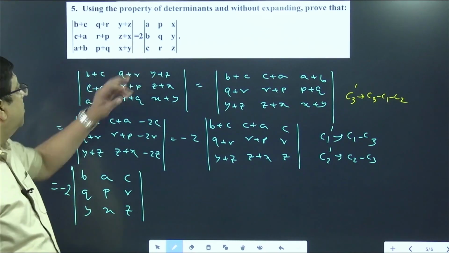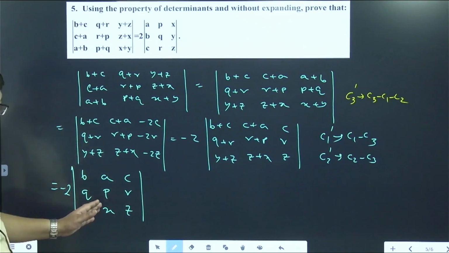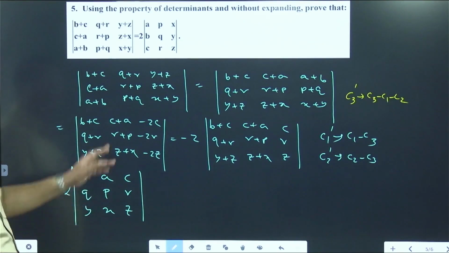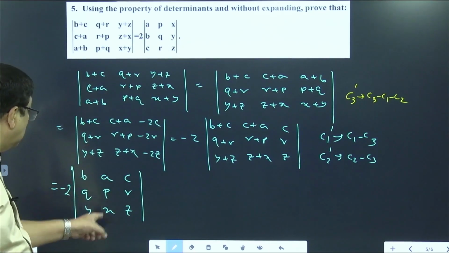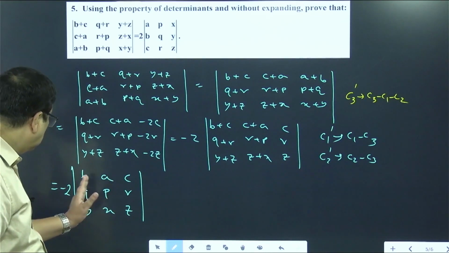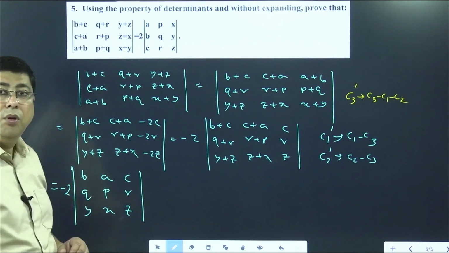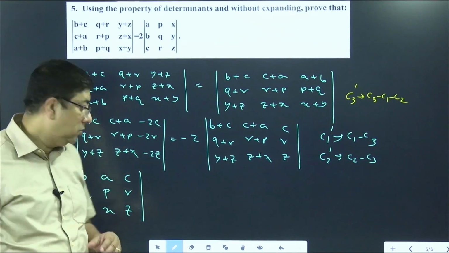But we have to get this form. First of all, let us interchange apx, this is apx, this is apx, in this column it is apx. So, first of all, let us interchange C1 and C2, and for each interchange we know that it has to be multiplied by minus 1.